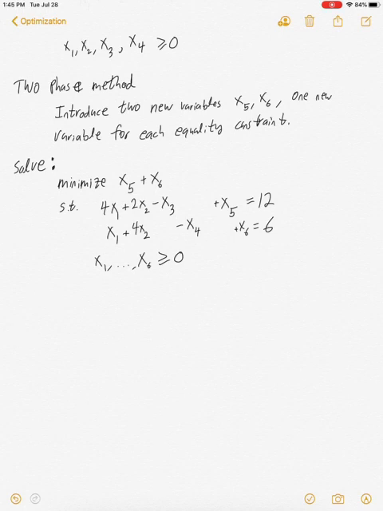Okay, so we're going to solve this linear program, and the solution will give us x1, x2, and x3, which form a feasible solution to our original problem. So there's a wrinkle here. What if we solve this linear program and we don't get a minimum of 0?